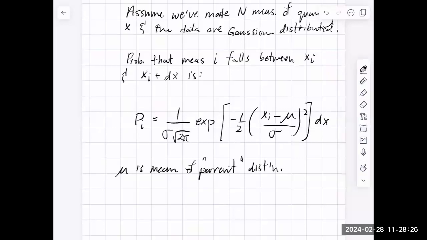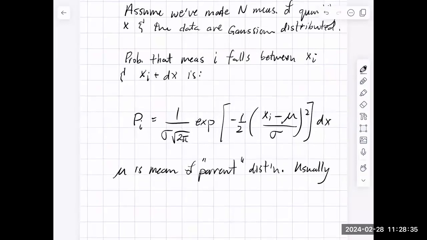To figure out the parent or true distribution, you'd need an infinite number of measurements, and we can't possibly do that. So we usually don't know the value of mu ahead of time.